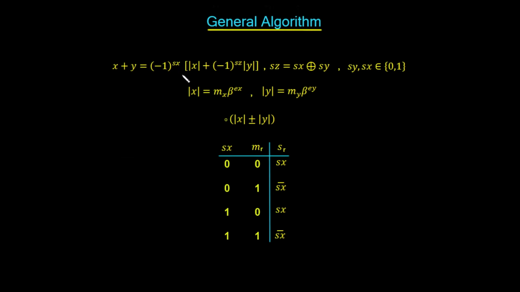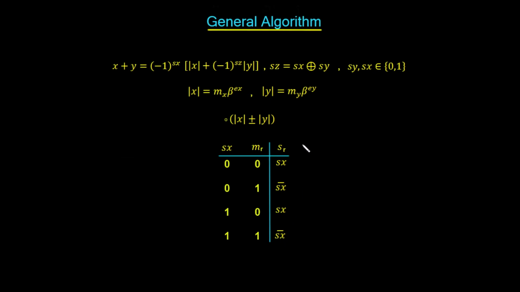Now, we mentioned there was a complication: if the mantissa for the result, that is, the value inside this bracket, was actually a negative value, which is this option here and this option here, then the final sign for the result is going to be given by the complement of the sign of x and also the complement of the sign of x here.